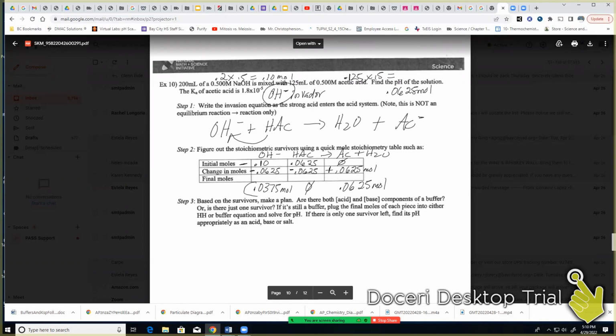If I have hydroxide left over, or if instead of sodium hydroxide being added, hydrochloric acid had been added and I had some hydrogen ions left over, they are going to override anything that salt could do as far as pH. So it actually becomes an easier problem where I can just use that formula to get my pH. Which one am I doing? Yeah, negative log. It's going to be an easier problem.